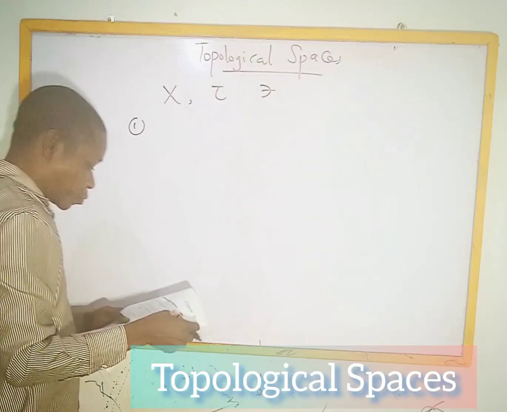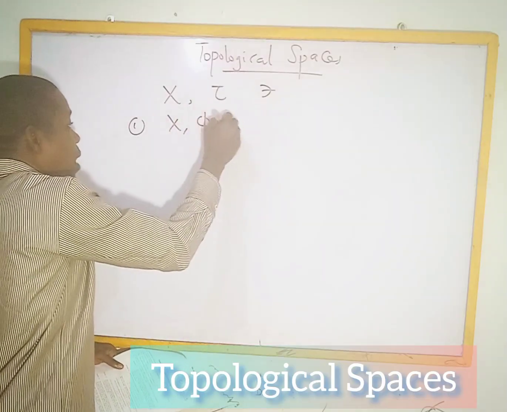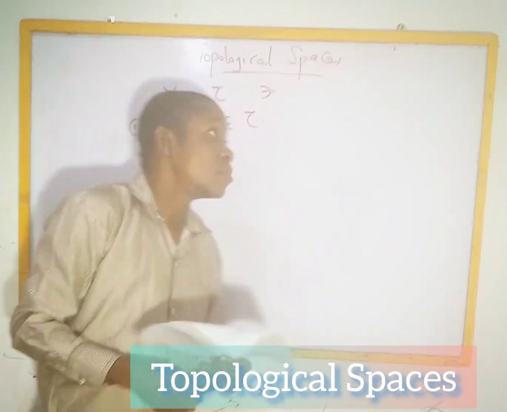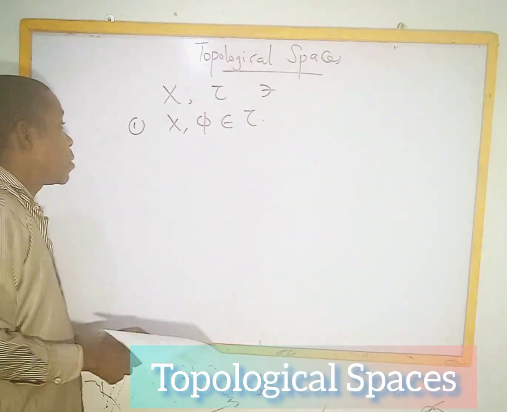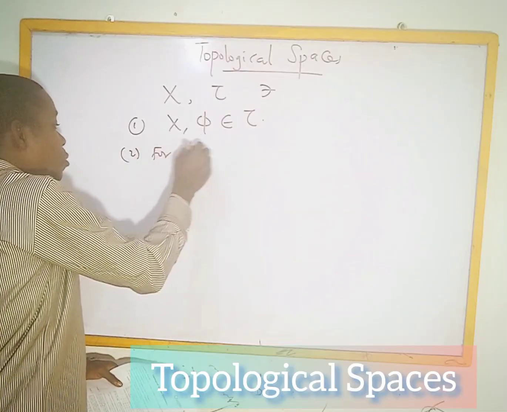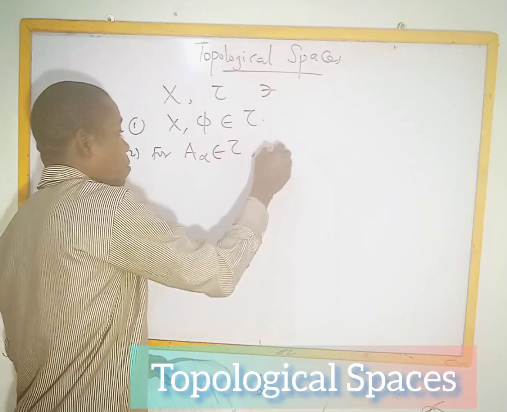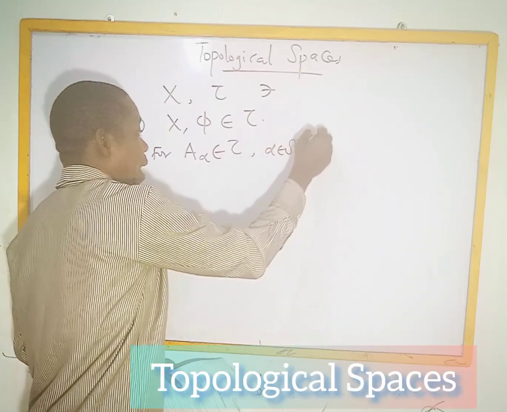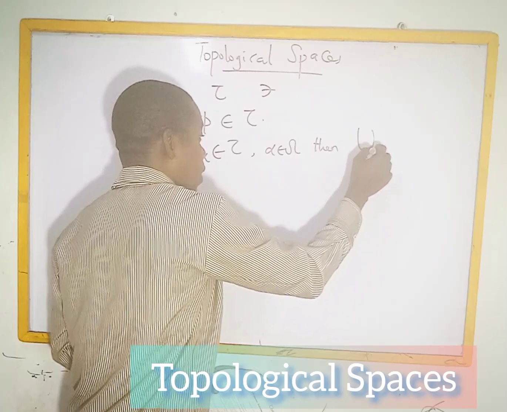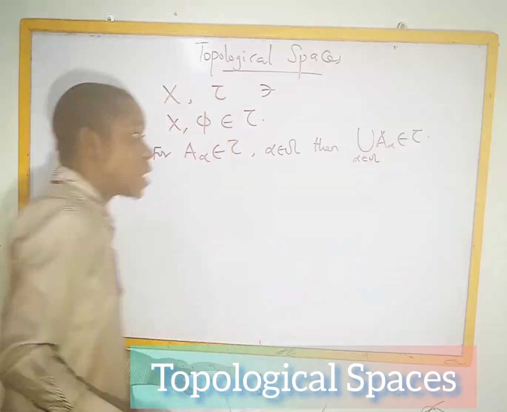Number one, X and the empty set are members of that family, that is of this tau. Number two, for any arbitrary elements A alpha in this tau, the arbitrary union of the A alpha must also be in that tau.